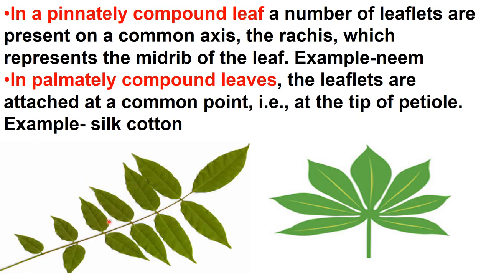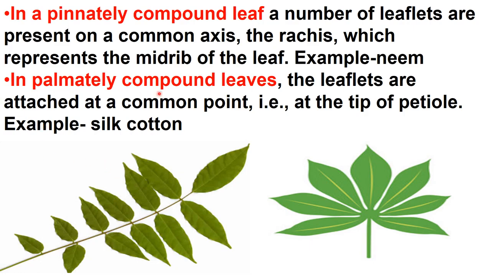This leaf will divide into these small leaflets. So these are leaflets, this is the midrib, and this is a complete compound leaf. This type of compound leaf, where all these leaflets are attached on a common axis, or rachis, is called a pinnately compound leaf.